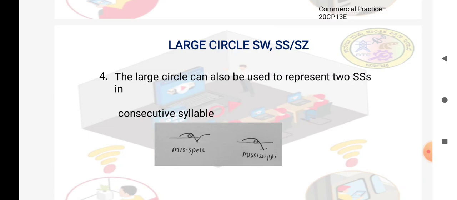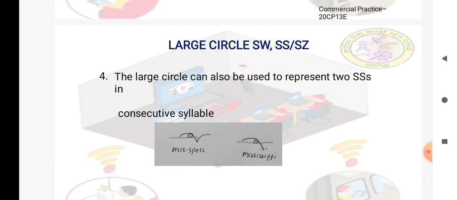Take up the example, misspell. Look at the word misspell. So there are two s's there. When you are writing that, to represent misspell, the two consecutive s's can be represented by a large circle.